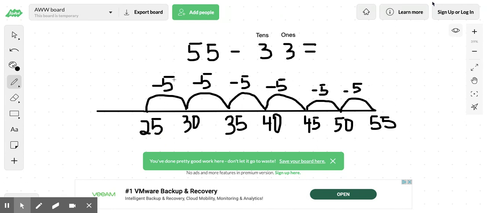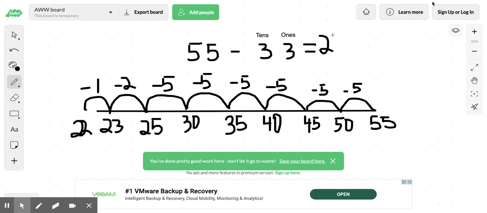That's 2 tens. This is our third set of 10s. So we've gotten this column taken care of. Now we've got to go down by 3. So we can go a jump of -2, which would give us 23. And then one jump of -1, and that'll give us 22. So 22 would be our answer.